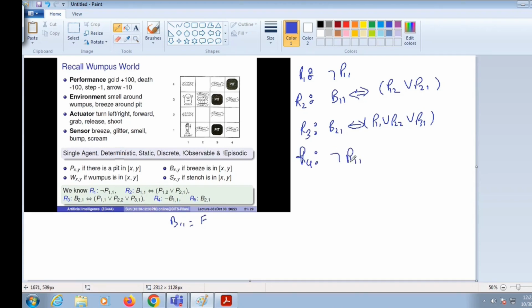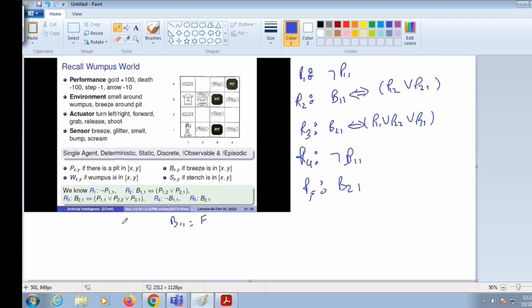This information we know: in 11 there is no breeze. R5 is equal to B21. In the 2 1 there is a breeze.